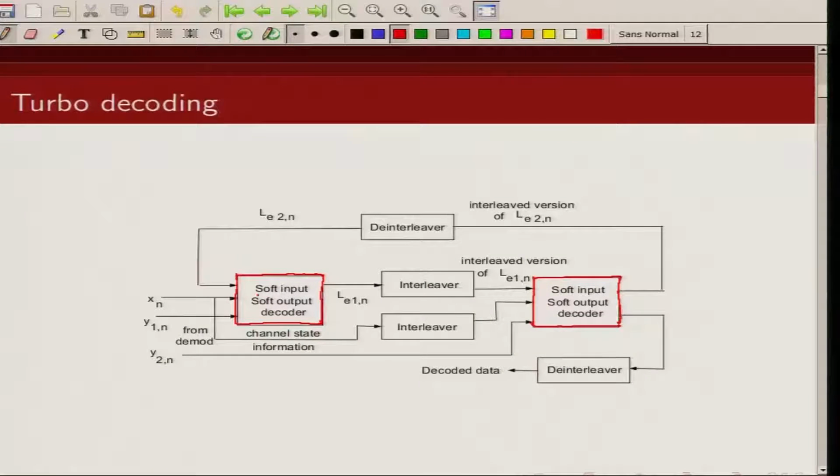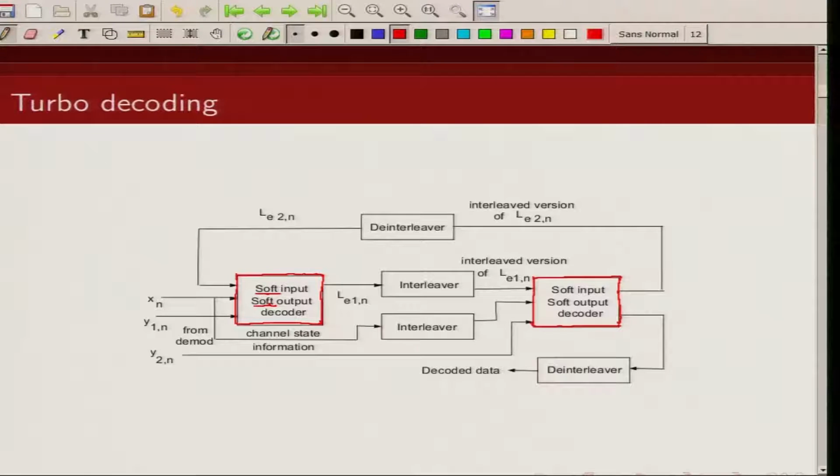So not only are we getting information about the decision of whether the bit is 0 or 1, but we are also getting some information about how likely the bit is to be 0 or 1. That is why the input here is soft and the output is also soft, as opposed to a hard decoder where the output would have been just zeros and ones.